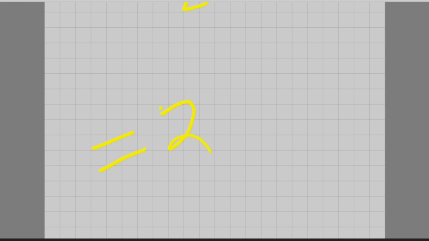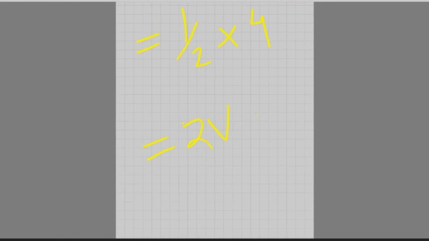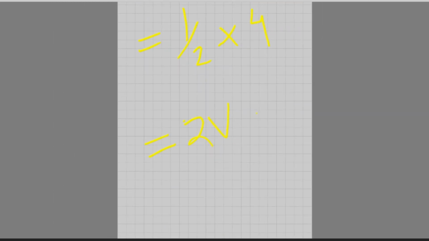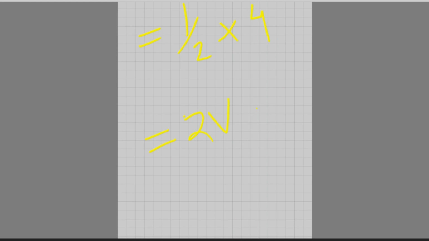So the voltage will be 2 volt across the 4 ohm resistor when the 6 volt voltage source is considered. So now we have solved for the 6 volt voltage source.